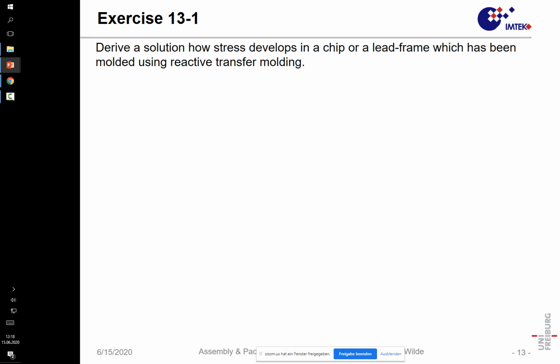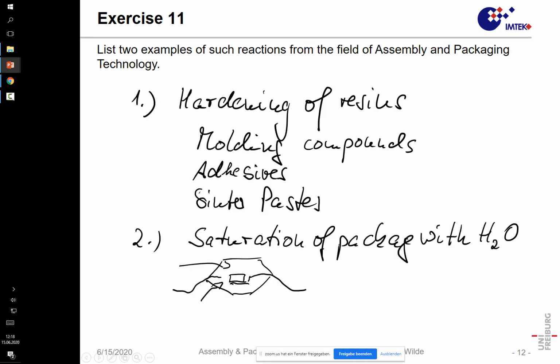The next question is quite hard to accomplish. Many problems we find in packaging have to do with stress. And the question is how stress will develop. And maybe I just go to the previous slide. So we have that pre-assembly, and that is put into the molding machine.